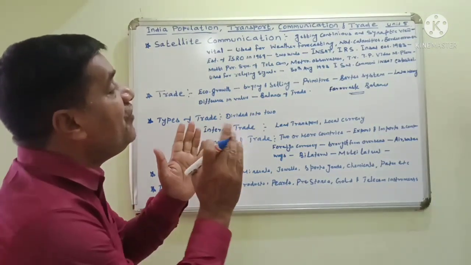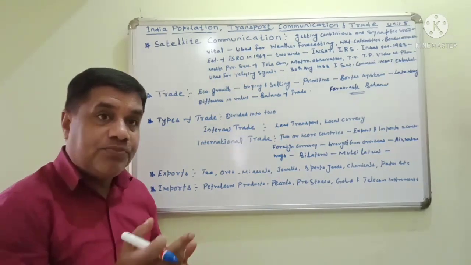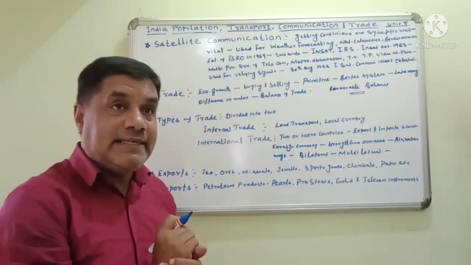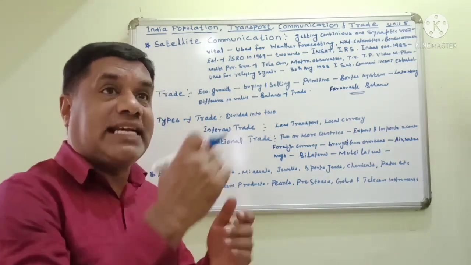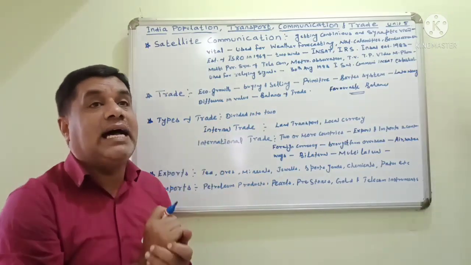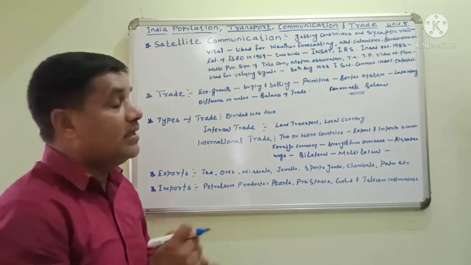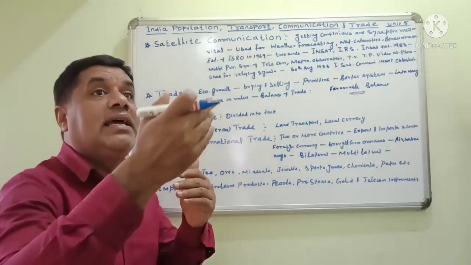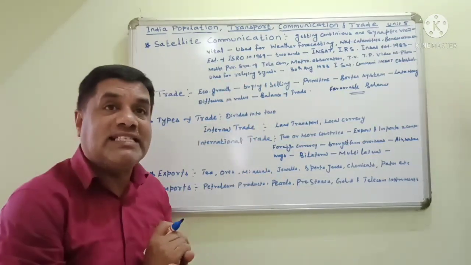It is a favorable balance of trade. In opposite, if exports decrease, we are exporting less to other countries, and importing other goods and services from foreign countries, means less export and higher import, it is an unfavorable balance of trade.